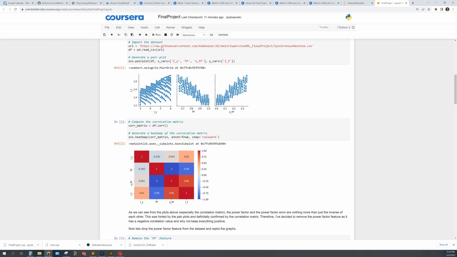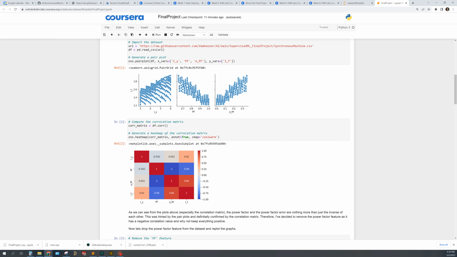You can see it right here. The power factor was just the inverse of that. So again, it's the power factor and the error of the power factor. The data supports what your intuition might think.